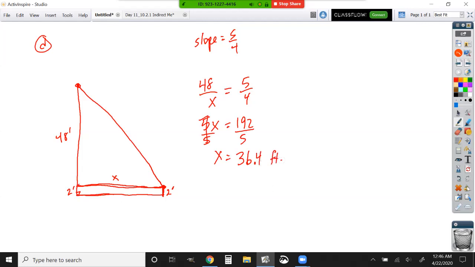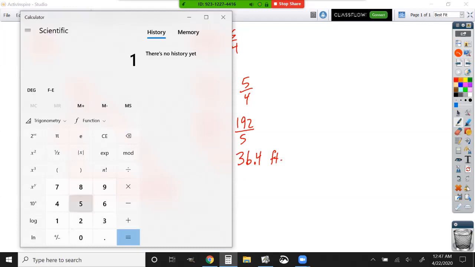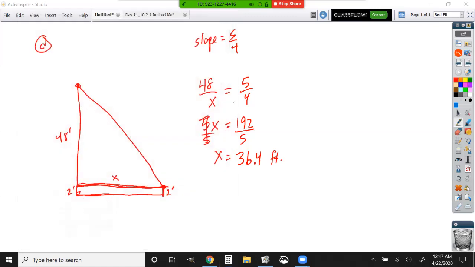So if he stands back 36.4 feet, that ratio will be exactly 5/4. Let me double check that number. 192 divided by 5. Yeah, 38 point, let's see, 38.4. There we go.